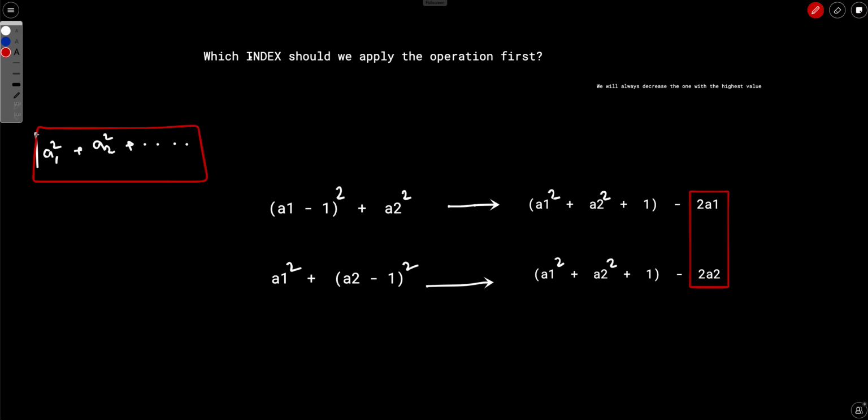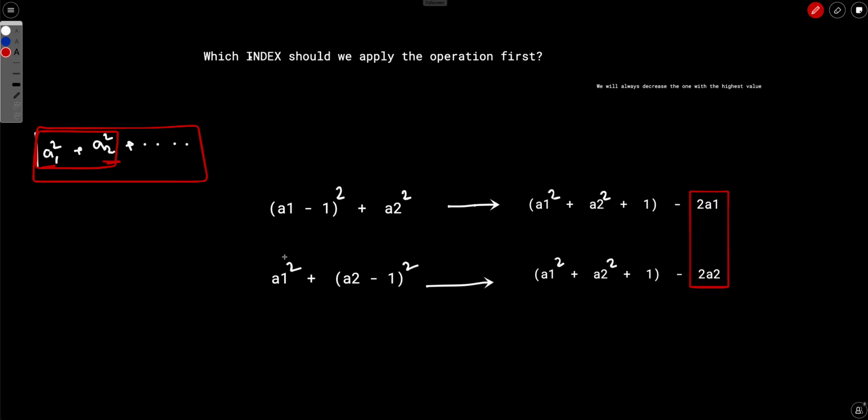Let's say for simplicity there are two elements only, A1 and A2, and we want to just decrement this sum. So in one operation, we just saw that we can decrement this sum by 1, right? So we can either decrement A1 by 1 or we can decrement A2 by 1.